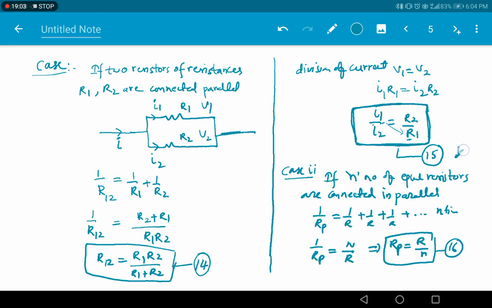Next we are going to discuss some important points for doing problems. With the help of these points we can do the problems easily.